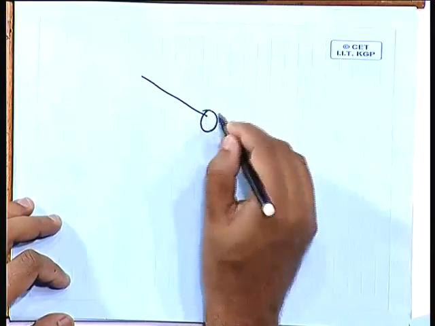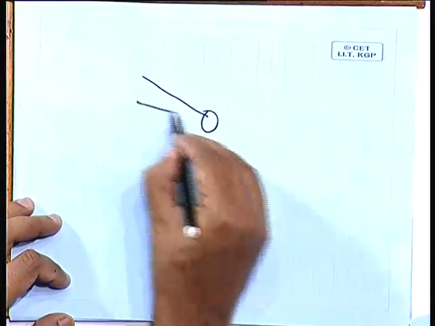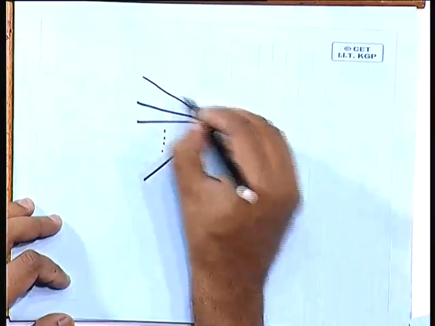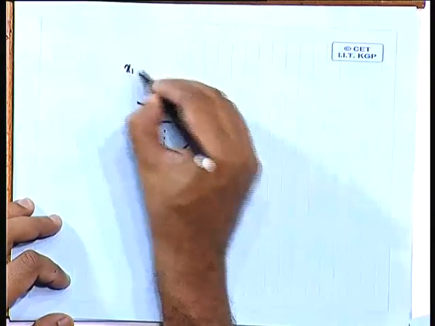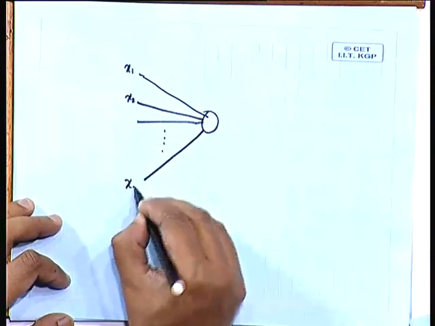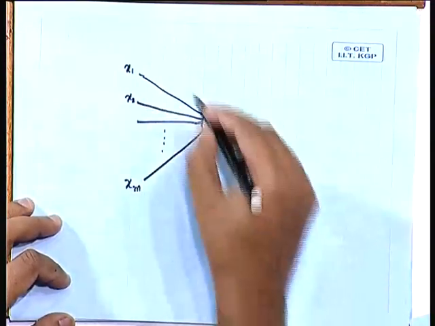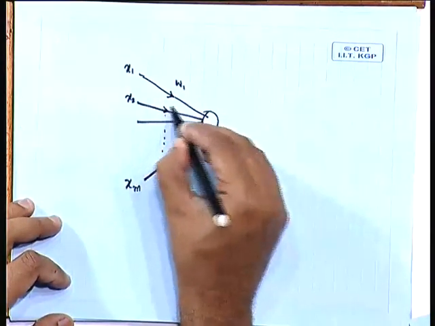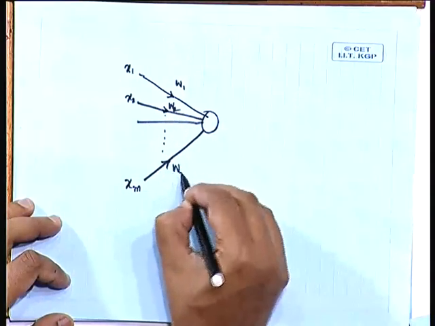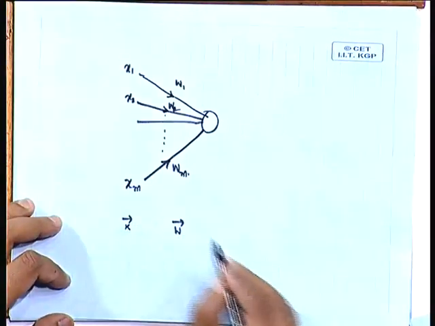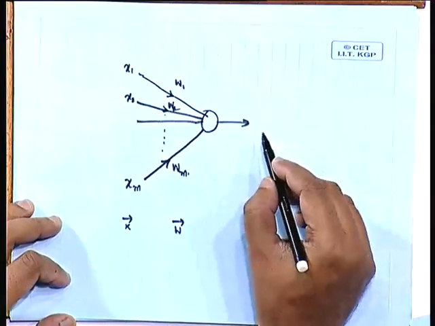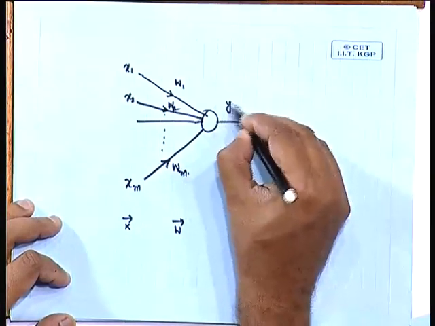This is the neuron, and we are going to have an m dimensional input, x1, x2 up to xm, forming an x vector, and then the weights w1, w2 up to wm. We call that the weight vector, the input the x vector, and then we have an output y.